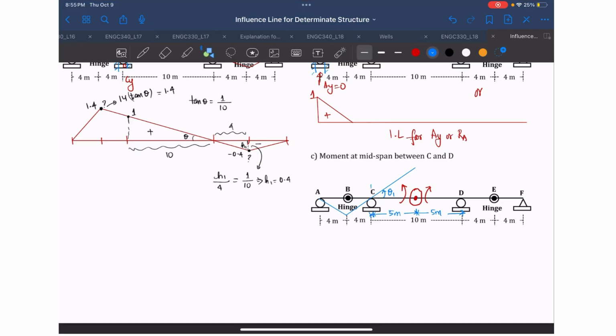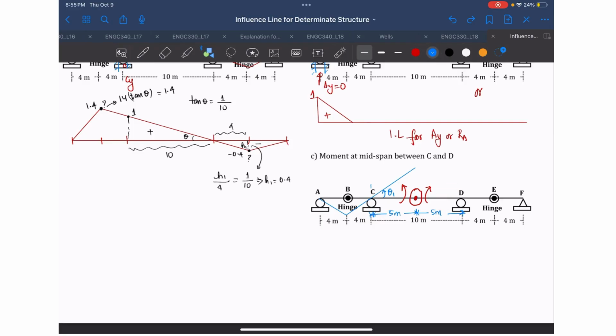And let's see the next beam section. If this beam is going to rotate, this DE beam at the midpoint will have to rotate clockwise.